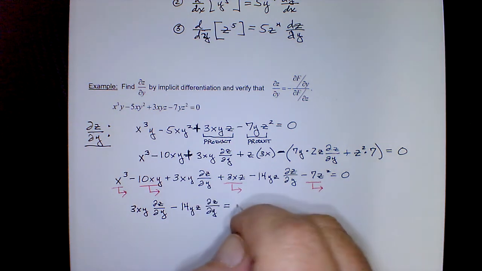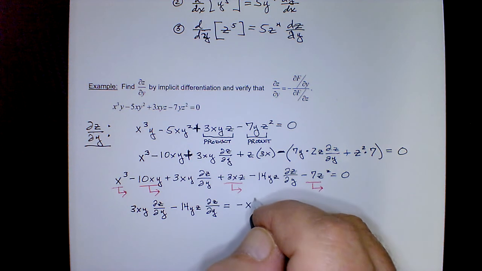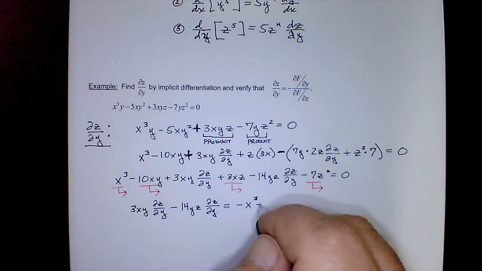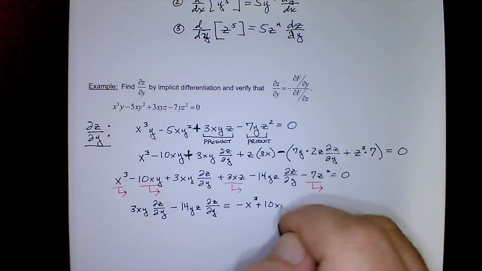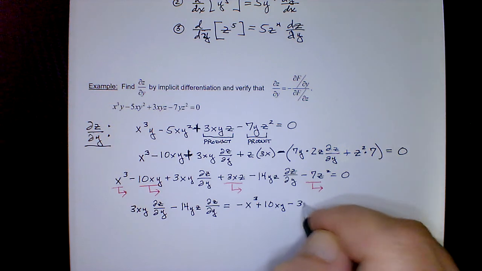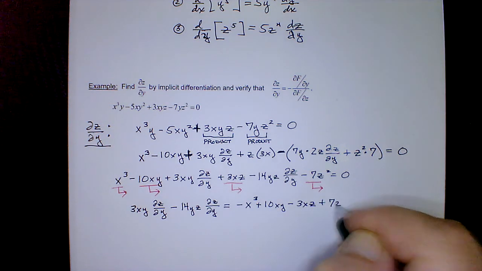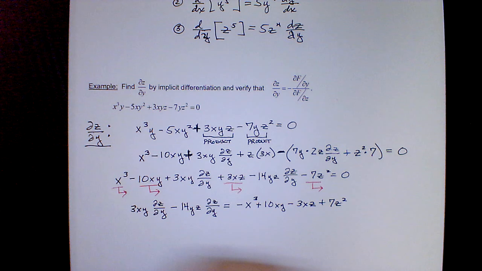Everything else moved over, so negative x cubed minus, now that becomes plus 10xy minus 3xz and plus 7z squared.